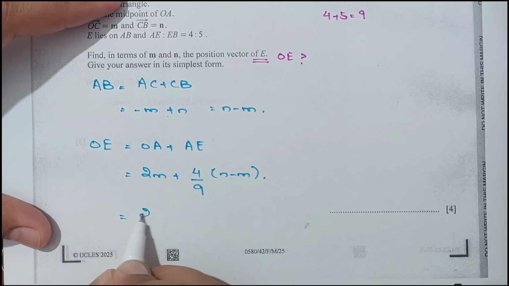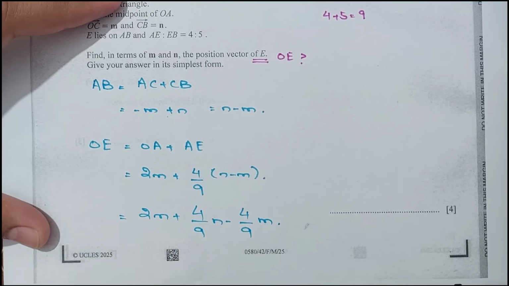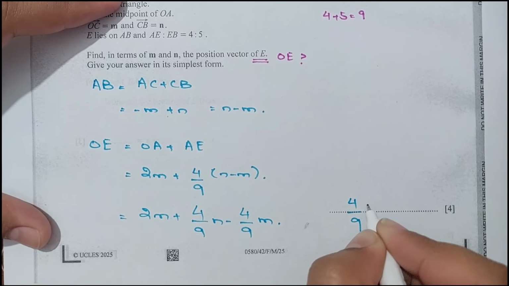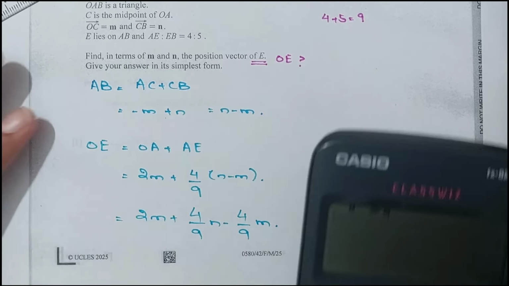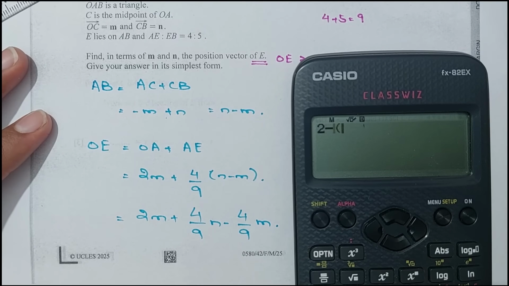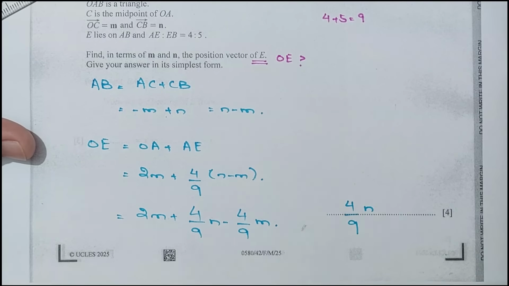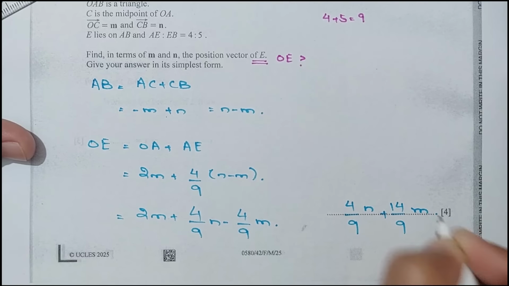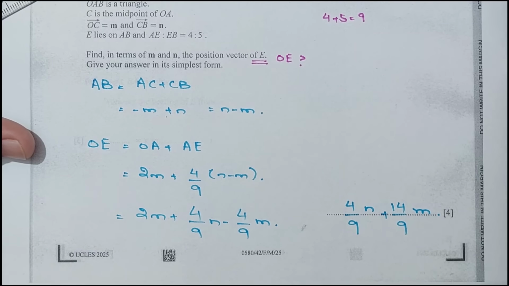Simplify: 2m plus 4 by 9n minus 4 by 9m. So in terms of n, 4 by 9 is the coefficient of n, and the m coefficient would be 2 minus 4 by 9, which is 14 over 9. So this is the position vector of E in terms of m and n.